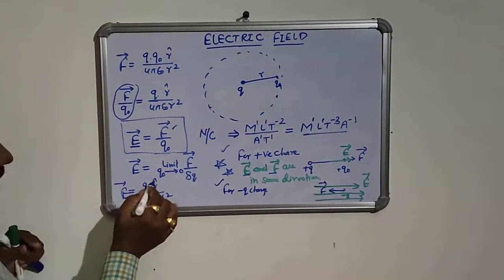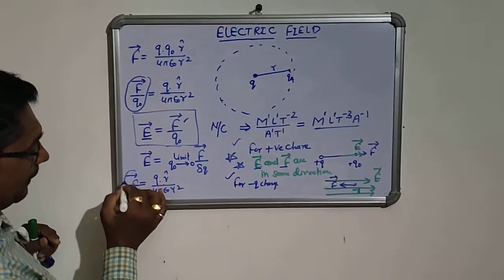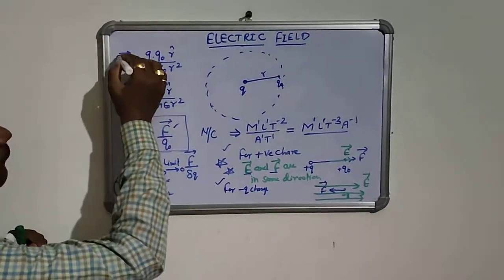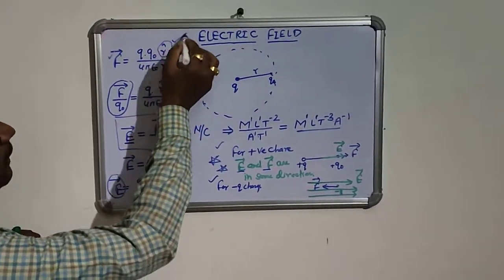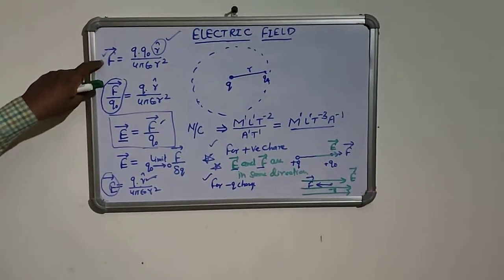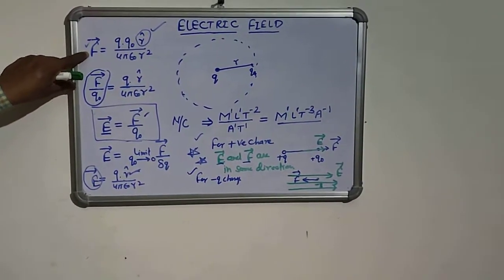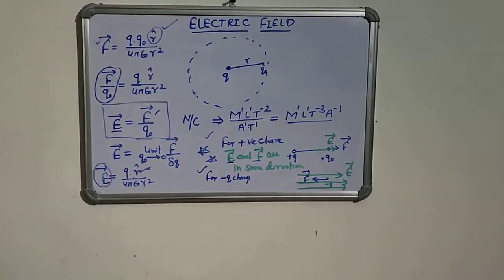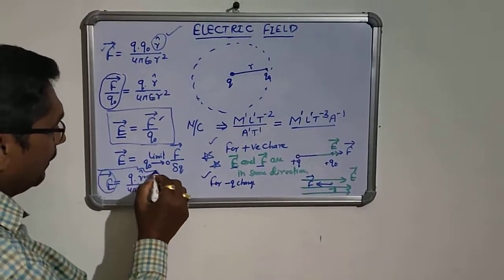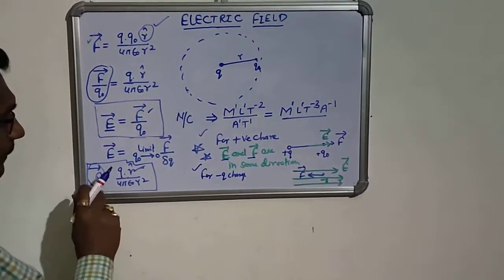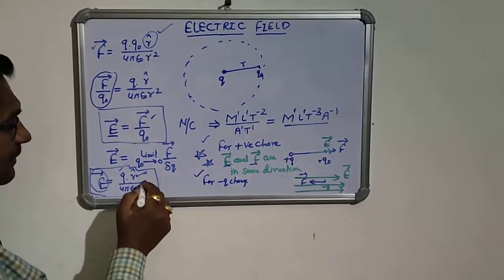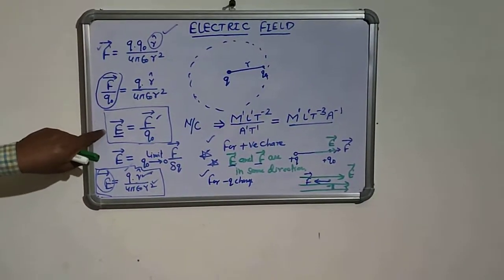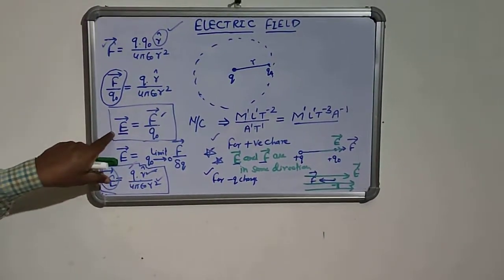Here, electric field depends on the direction of unit vector R cap, and the force is also dependent on the direction of R cap. That's why for positive charge, the direction of force and direction of electric field are in the same direction. This formula represents the electric field in terms of charge and distance, and the other formula is represented in terms of force.